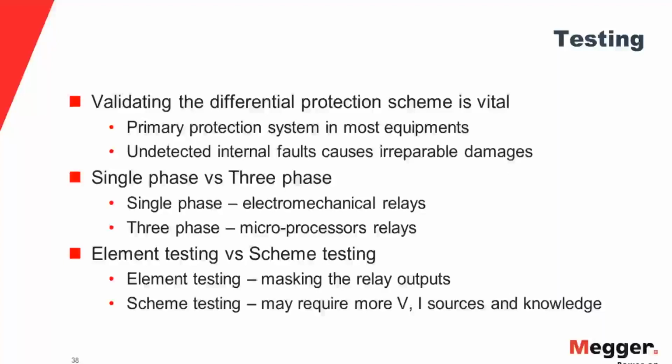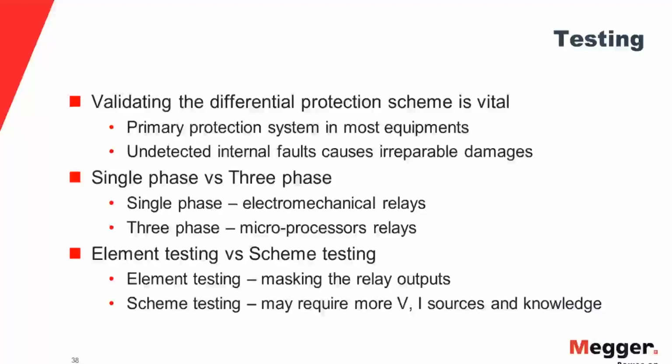The modern microprocessor relays, on the other hand, can take all three phases at the same time. Sometimes for bus differential or bus protection, you have more than three, because if you take A phase, you have 3 or 4 feeders, so you have more CT inputs coming into the relay.